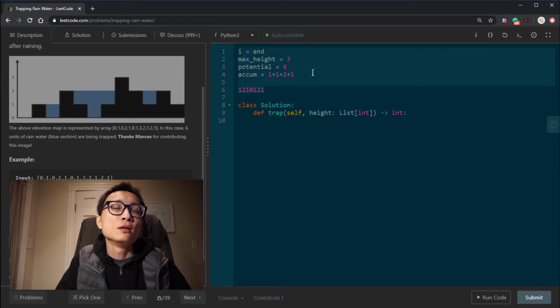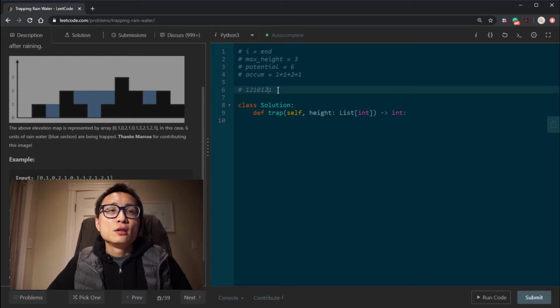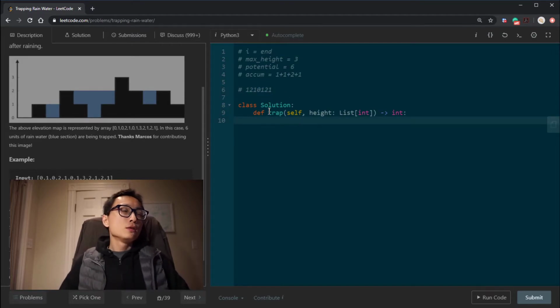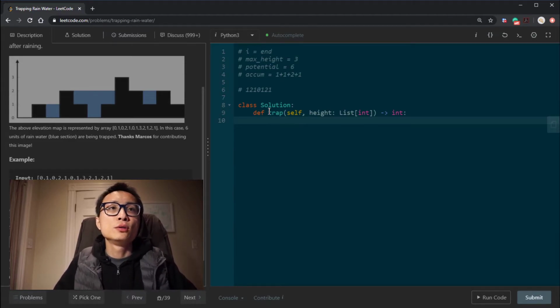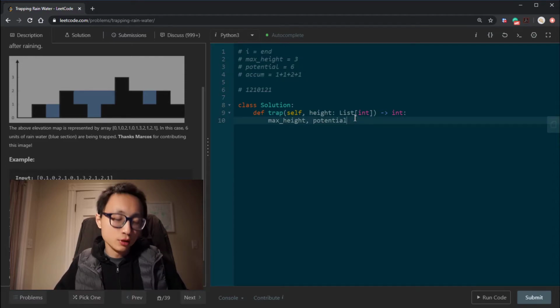That's a little bit of a special case we need to deal with in the code. So let's code this solution. We're going to initialize a couple of variables: maximum height, potential, and accumulator.